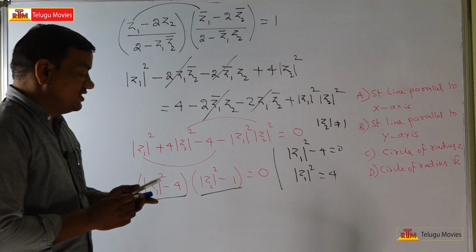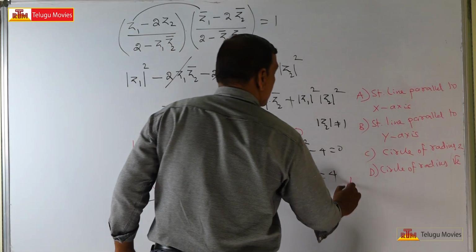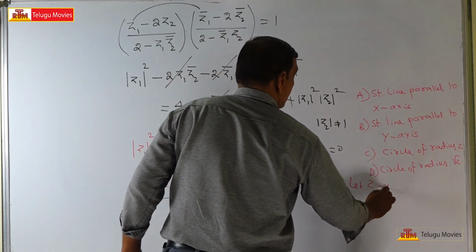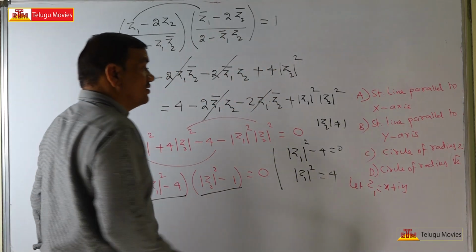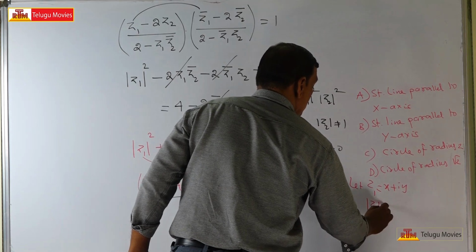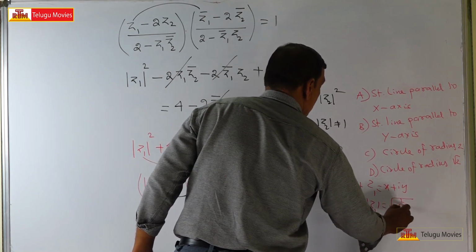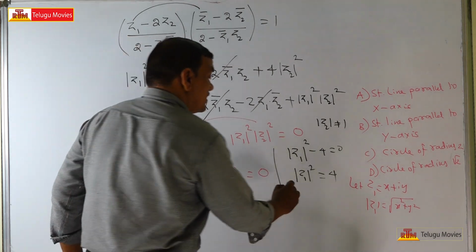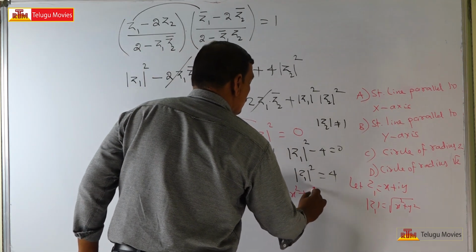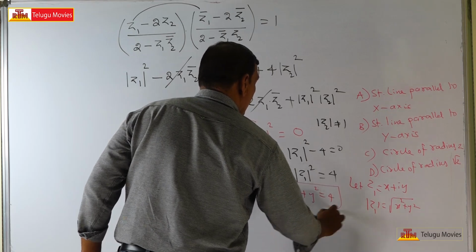Now let z1 is equal to x plus iy. What is modulus of z1? Modulus of z1 is equal to the square root of x square plus y square. Here modulus of z1 whole square means x square plus y square is equal to 4.